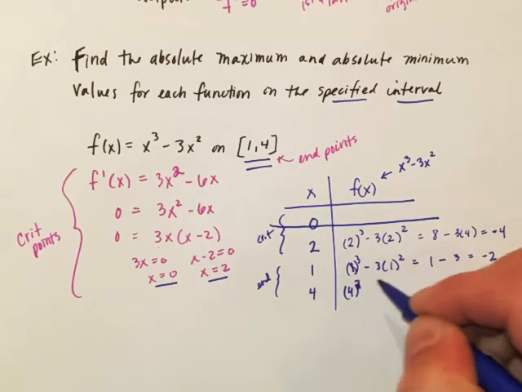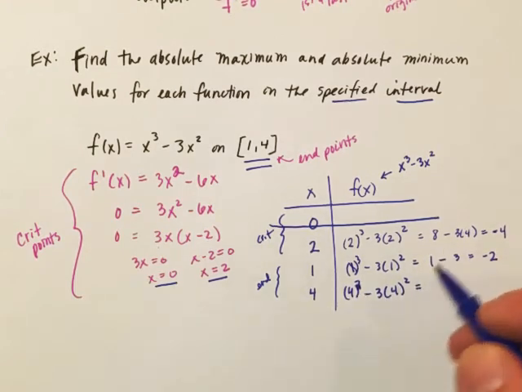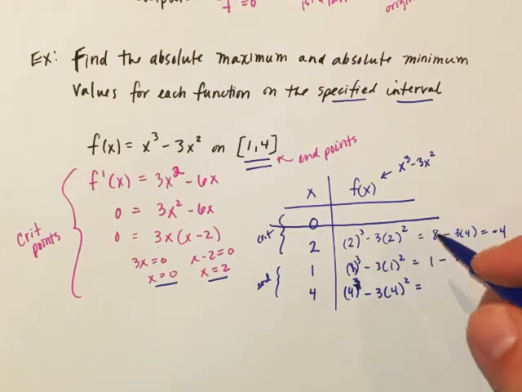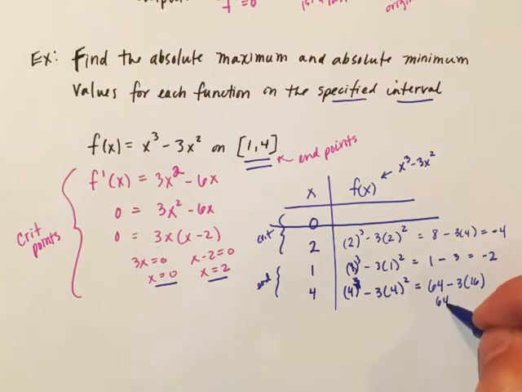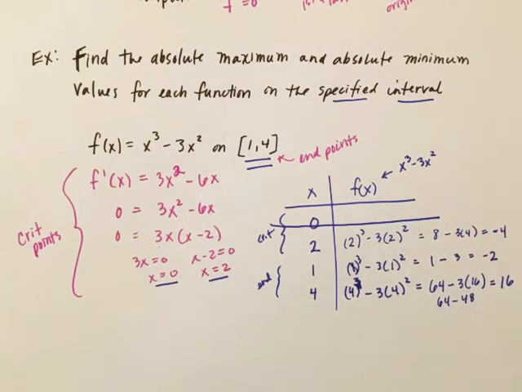That's 4 to the third power, which is 16 times 4, which is 64, minus 3 times 16. This one is going to be 64 minus 48, which gives us 16.